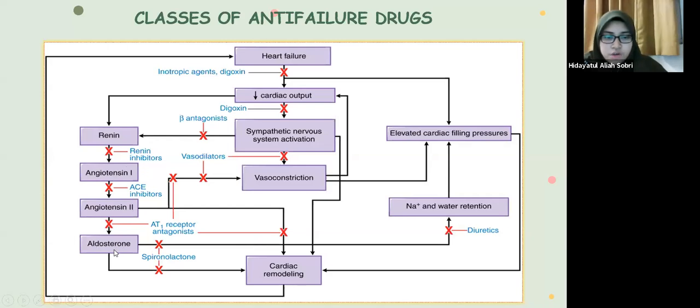This aldosterone will cause cardiac remodeling, which is ventricular hypertrophy, and angiotensin 2 also causes cardiac remodeling. This aldosterone also causes sodium and water retention, so the patient will present with peripheral edema, and elevated cardiac filling pressure. All of this can deteriorate the heart failure more.